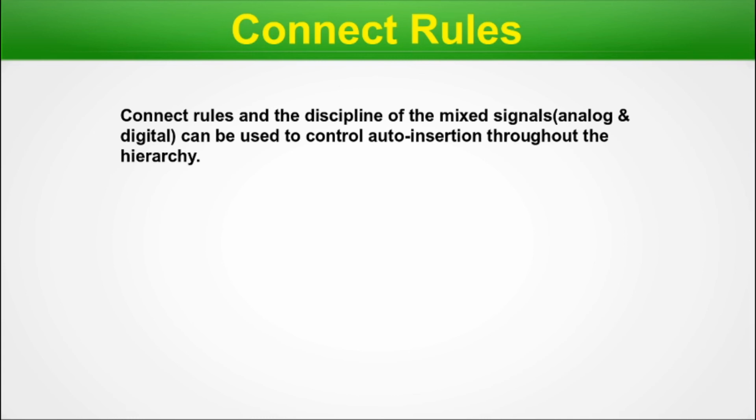So guys, so far we have seen the connect modules, and let's talk about the connect rules. What are connect rules? Connect rules and the disciplines of the mixed signal, that is analog and digital, can be used to control the auto insertion throughout the hierarchy. So these are the rules. This is the boundary of digital and analog.